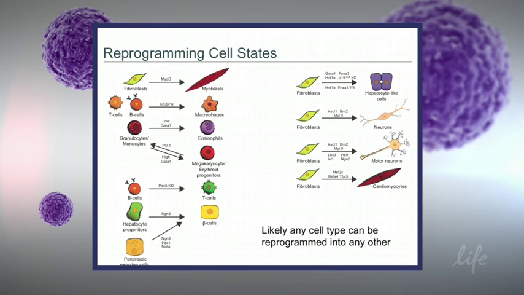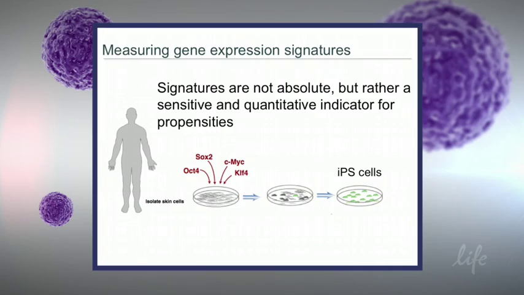That just means that if you apply enough force, in this case transcription factors, or it might be other extrinsic signals, you can make any cell type become anything. So what we are measuring here is not absolute, because you can override this if you put enough pressure onto it. Rather, we're trying to have a very sensitive and quantitative way to indicate the actual propensities of these cell lines. That's something to keep in mind when thinking about these assays.